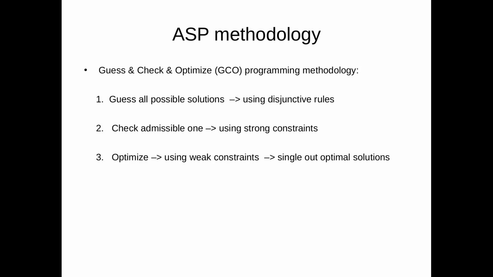The methodology for ASP has three steps. It first guesses all possible solutions. So all possible solution candidates, it guesses for a particular problem, because a combinatorial problem always has a very large search space. Then it tries to check the admissible ones, those which are allowed in that model.